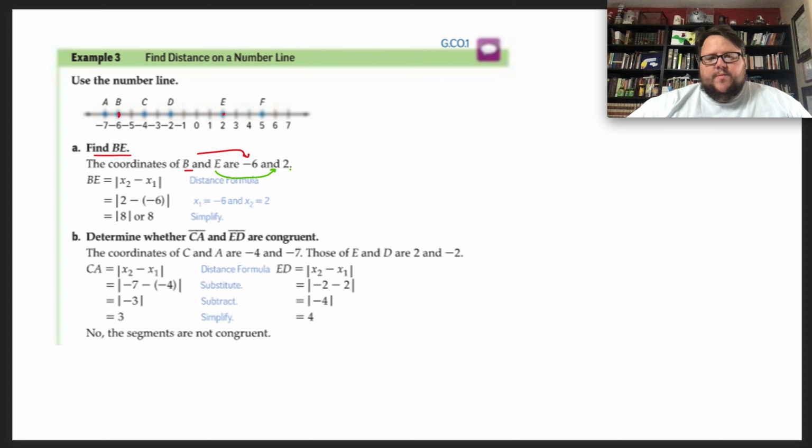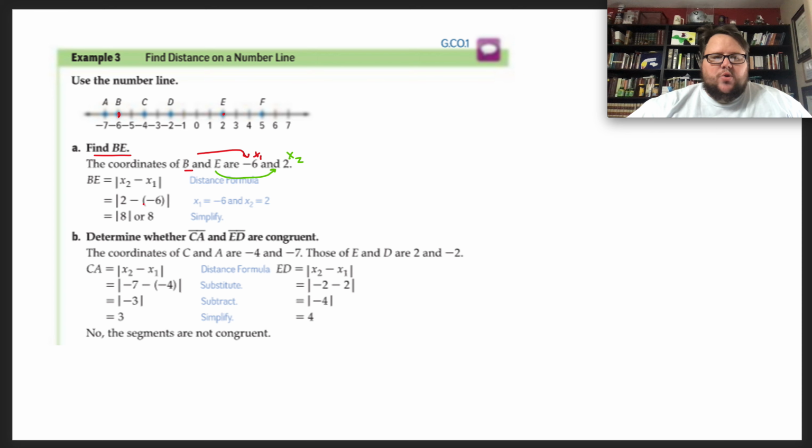They chose E to be x2. So what we're saying is we're labeling this x2 and we're going to label this guy x1. It doesn't matter which one you do. So we put 2 minus -6 in absolute value.